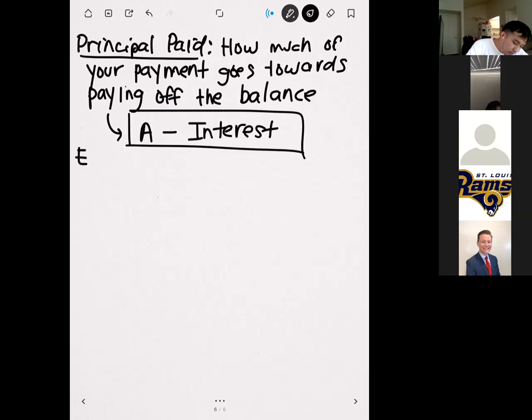And then finally, we have our ending balance. The ending balance is the amount left over on the loan after that period.